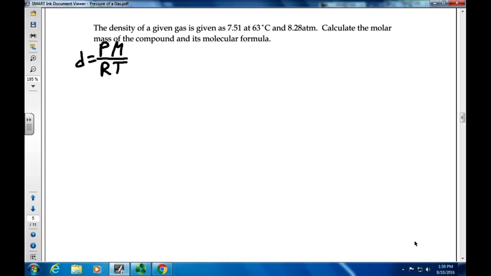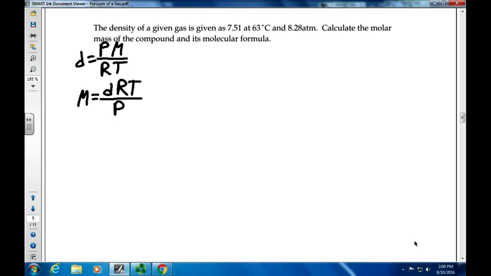And we're going to manipulate it by multiplying to both sides the gas constant and the temperature, and then dividing both sides by the pressure. So we end up with molar mass is equal to density times the gas constant times temperature all over pressure. I always make sure I do my algebra separate from putting in all my calculations. This assures that I am getting the correct result.